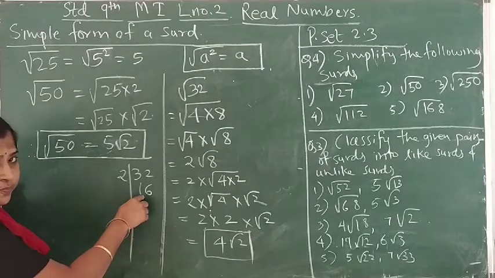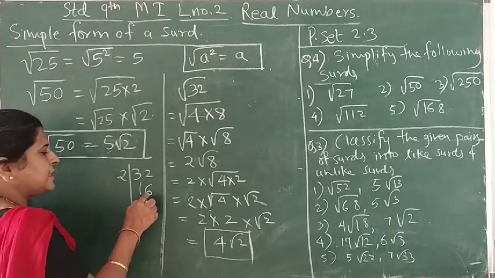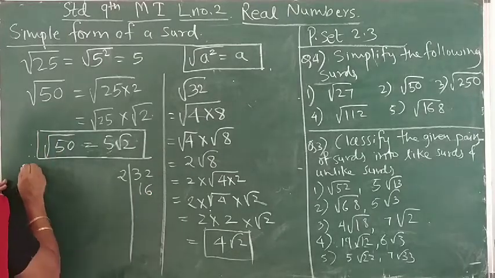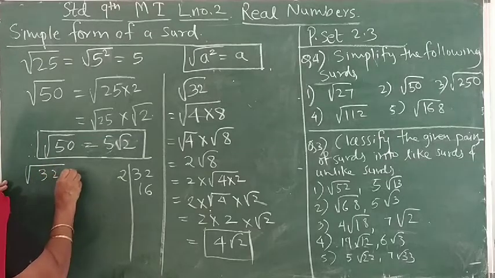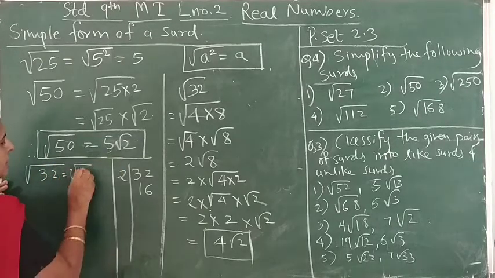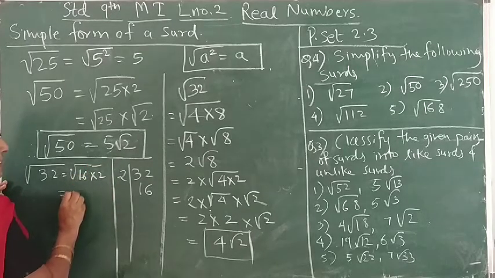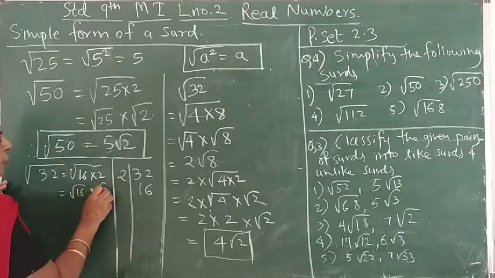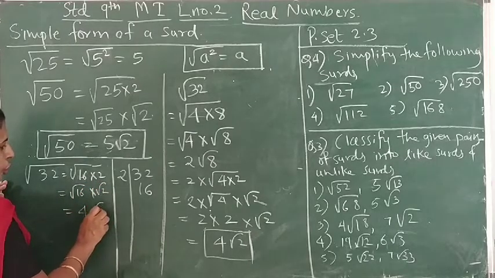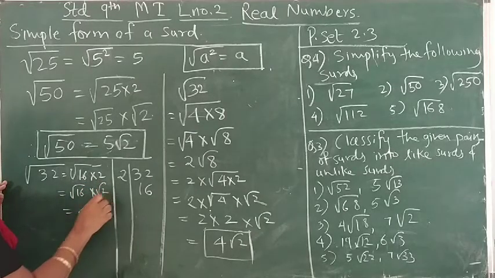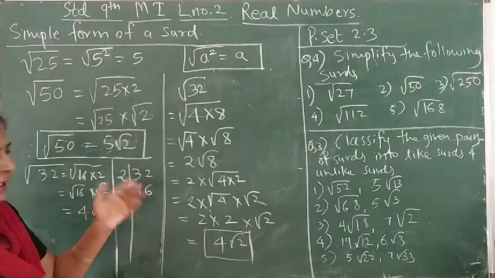Now if you are smart enough to understand that 16 is a perfect square, then you can say square root of 32 is equal to square root of 16 into 2. So this can be written as square root of 16 into square root of 2, which is 4 root 2. For smaller numbers you can get it like this.